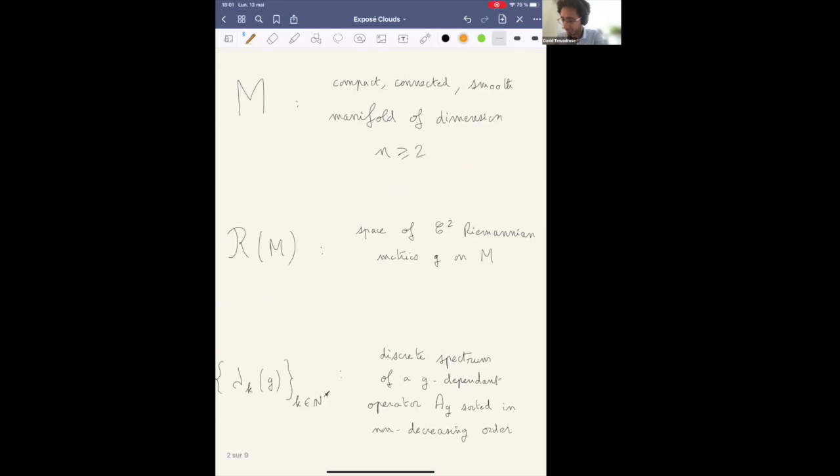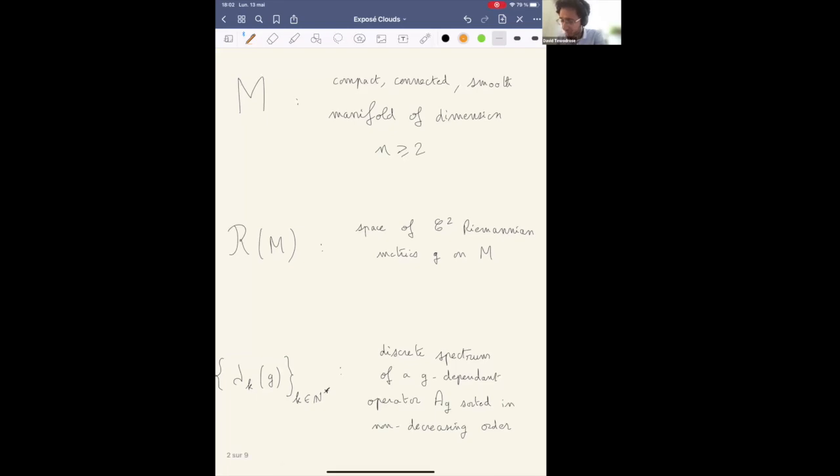For my whole talk, M will denote a compact, connected, smooth manifold of dimension n ≥ 2. Rm will be the space of C2 Riemannian metrics. Riemannian metrics, and C2 because it's more convenient for me.